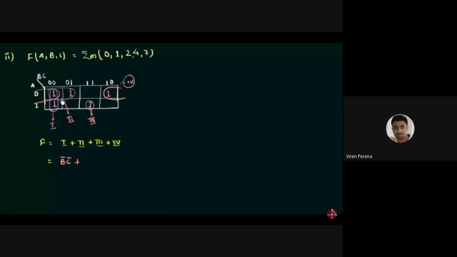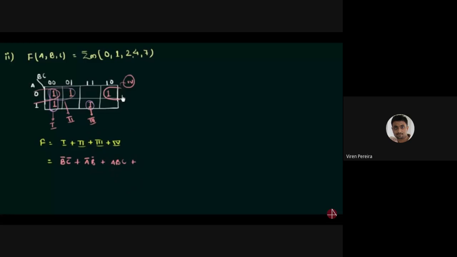Now we will see for 2. This is the second pair of the ones. In this, A is not changing, A is 0 throughout, so I will write it as A complement, and B is also not changing, B is 0 and 0, so B complement, but C is changing from 0 to 1, so I will neglect C. For the third, I can directly write it as A, B, C, because for this cell, A is 1 and B, C are 1 1 also.